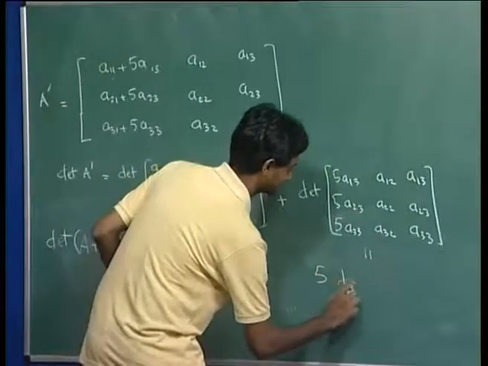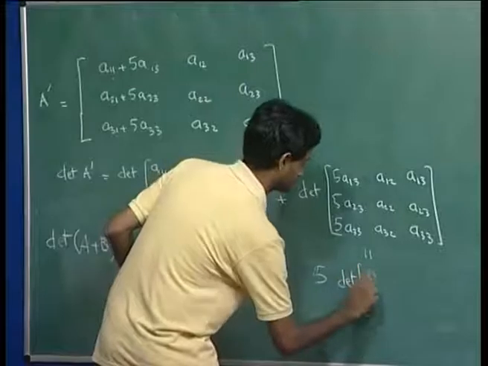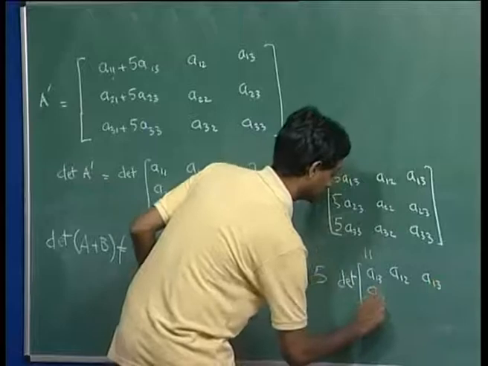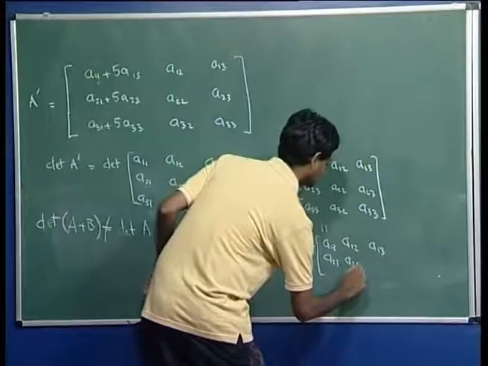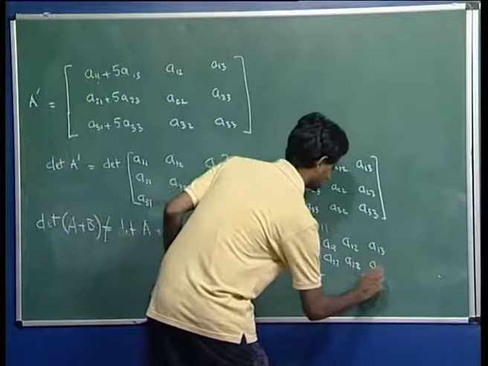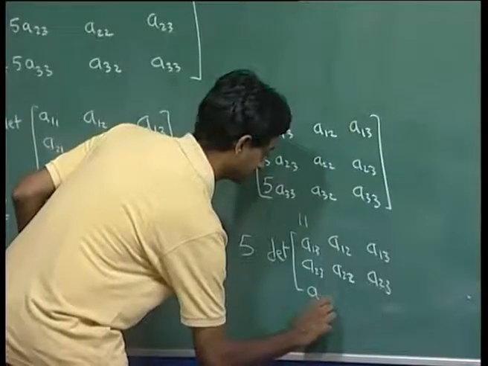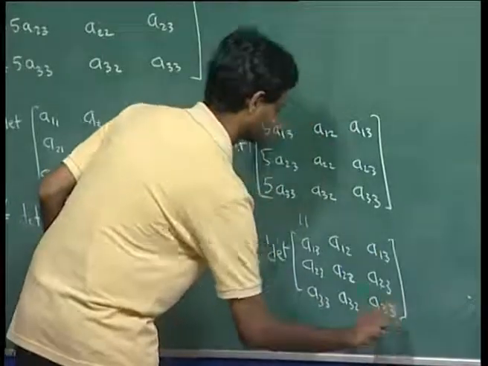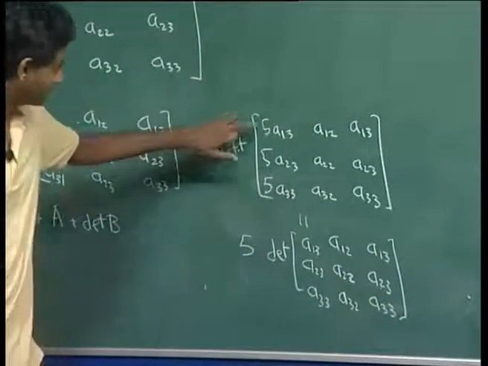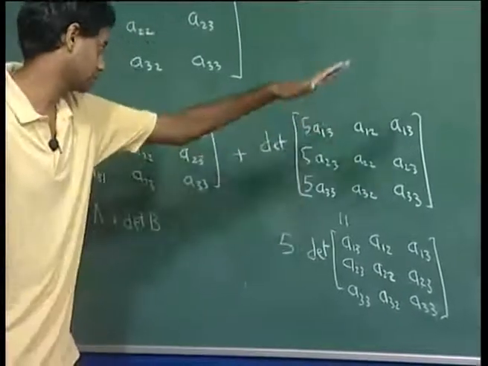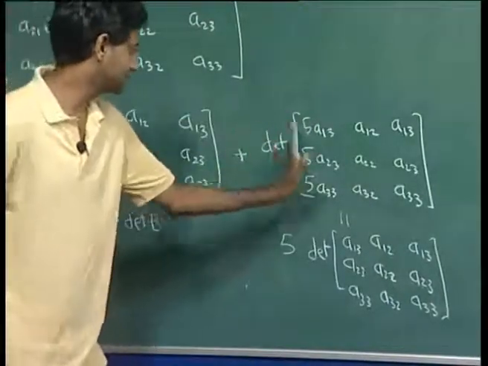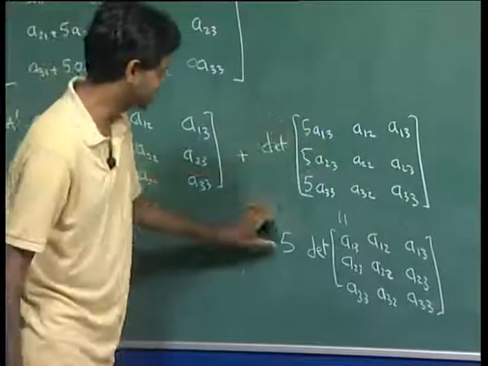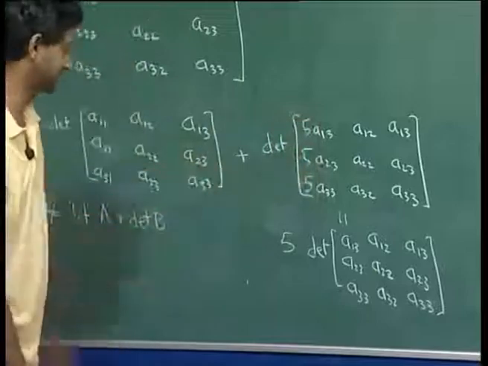So 5 times the determinant of the matrix with A13, A23, A33 in the first column, and A12, A13, A22, A23, A32, A33. Okay. So whenever you multiply all the elements of one row or a column by a scalar, then the determinant of the whole matrix gets multiplied by that scalar. So the determinant of this matrix is 5 times the determinant of this matrix without the scalar.